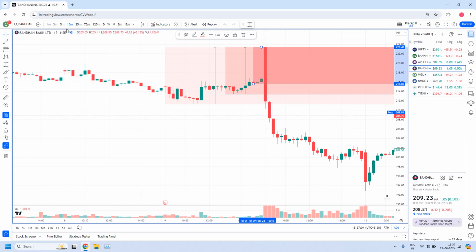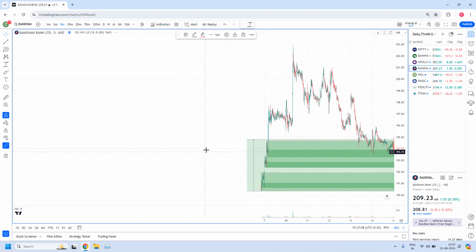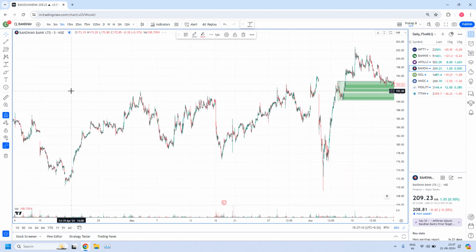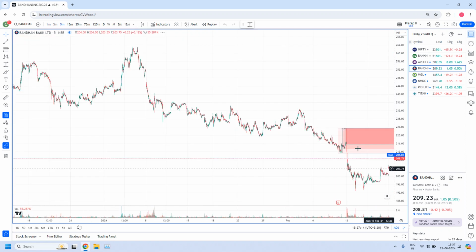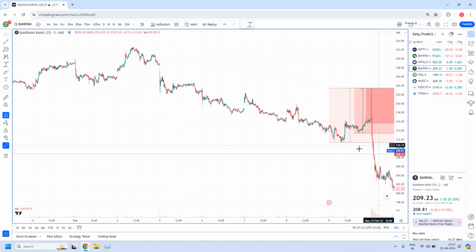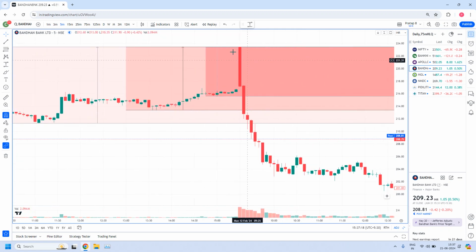If you go to 5 minutes, the price structure is even worse, much worse. Even in 5 minutes you will reject. It is not a good zone. See the 5-minute structure. You have a drop candle, you have another drop candle. There is no base candle. What will happen to this zone? The zone will be violated easily.